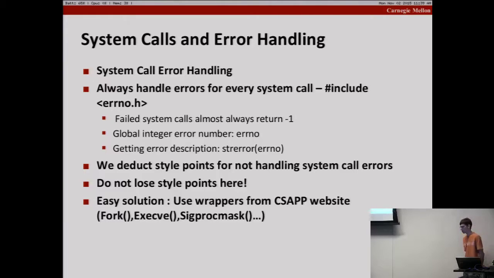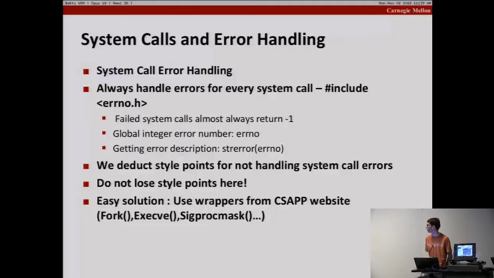The Unix error one is part of the CSAPP wrappers. That's what they use to just print out the error message and then exit. I'm not sure what the app error does. That would be different. I don't have a copy of the handout downloaded.